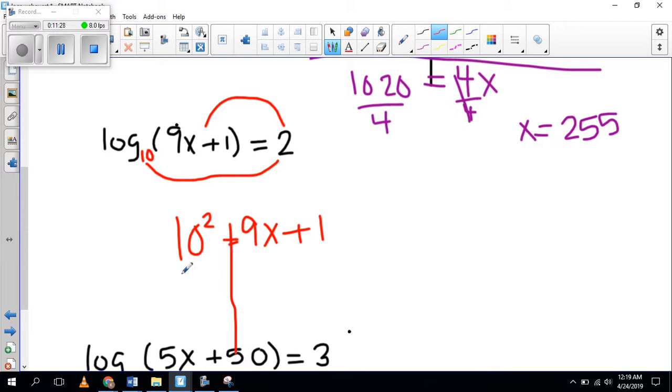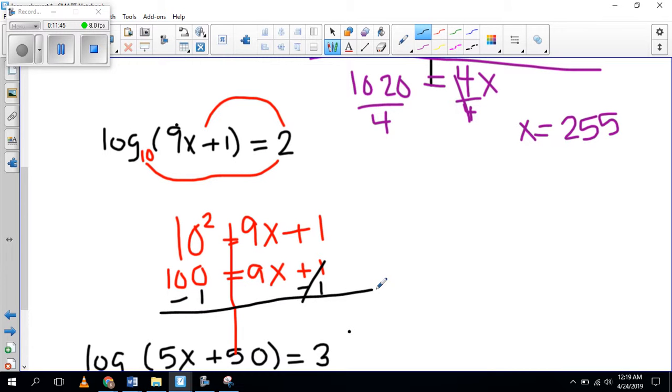Okay, so 10 to the second is 100 equals 9x plus 1. We're going to solve for x, so we're going to get things away from x. So we're going to minus 1 from both sides. We get 99 equals 9x.